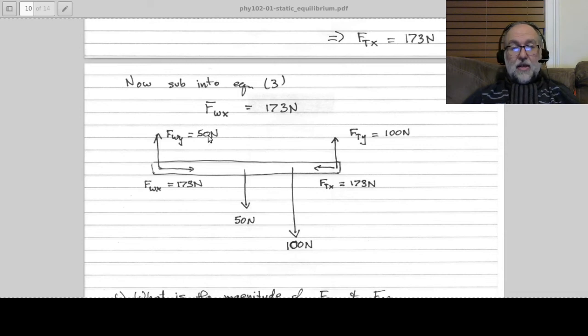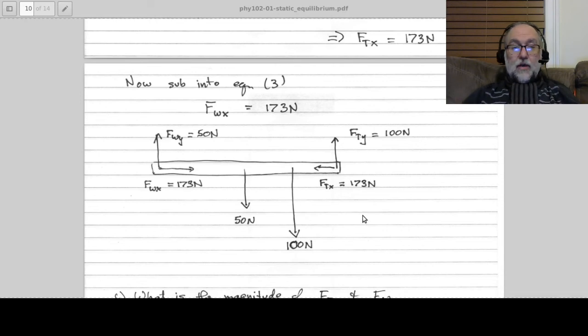So you see that you got 50 plus 100 up, 150 up, 50 plus 100 down, 150 down. So you can see that the up forces balance the down forces. Left and right, they do. 173 to the right balances 173 to the left. These two, the 100 and 173, are in a ratio such that they'll create a 30-degree angle in there. So we determined that.